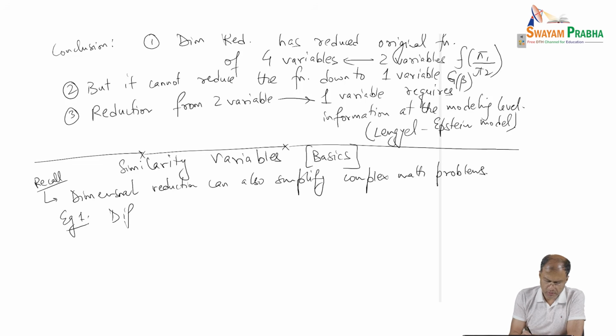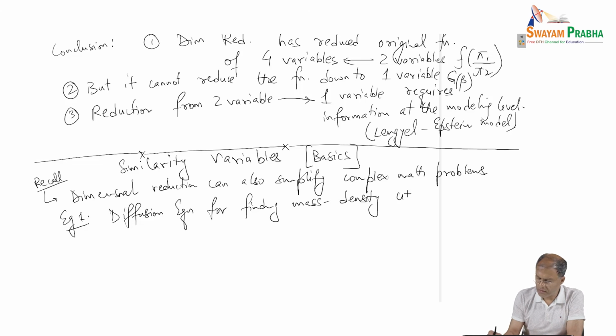Example, the diffusion equation for finding the mass density. The diffusion equation, right? So this is u of x comma t. Let us call this diffusion equation model 1: D u_xx is equal to u_t.